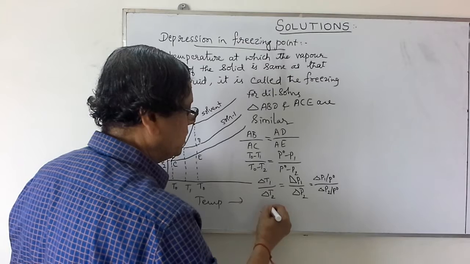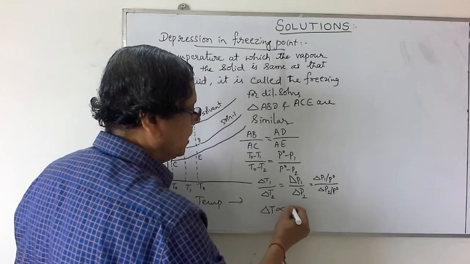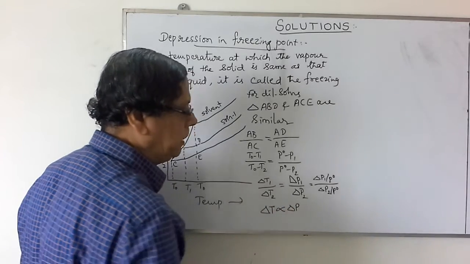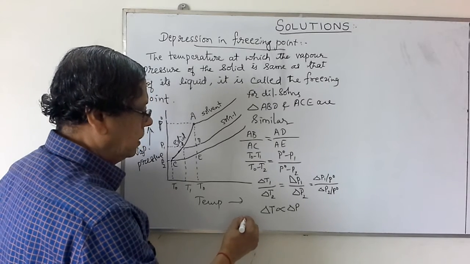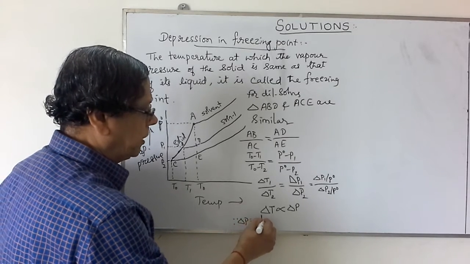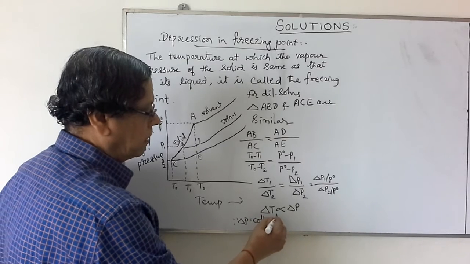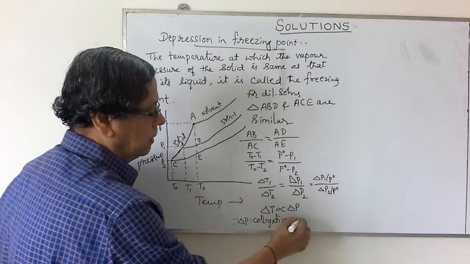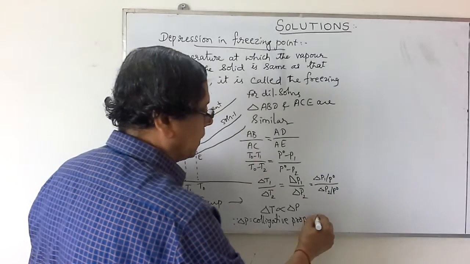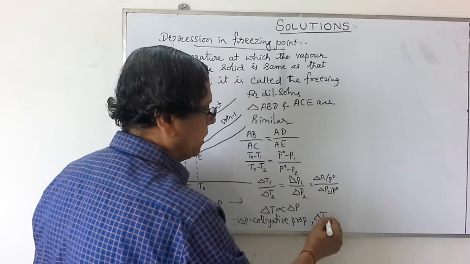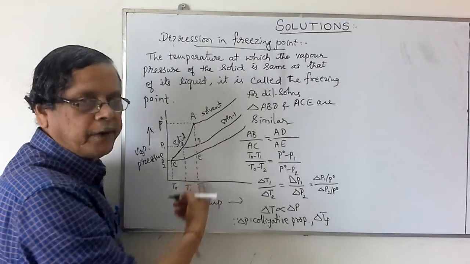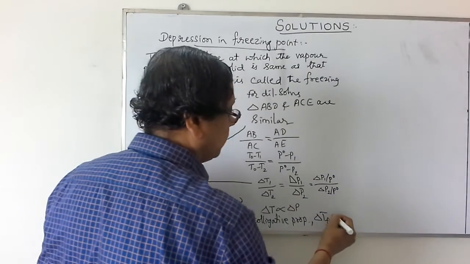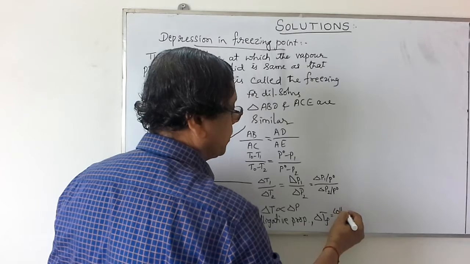Therefore, we can write this as delta T is directly proportional to delta P. Since delta P is a colligative property, delta T, we can say delta TF, because it is for the freezing point depression, is also a colligative property.